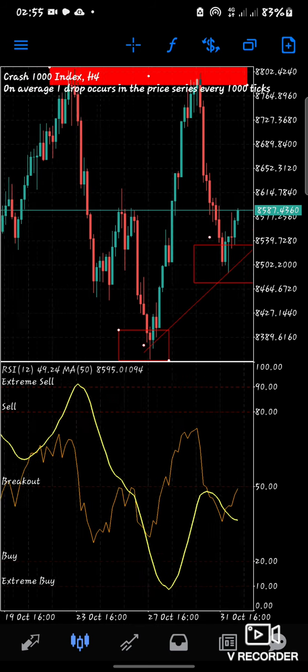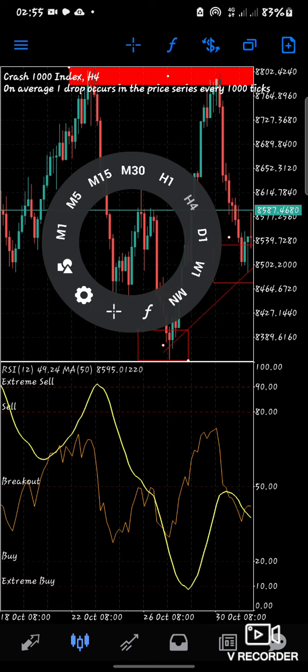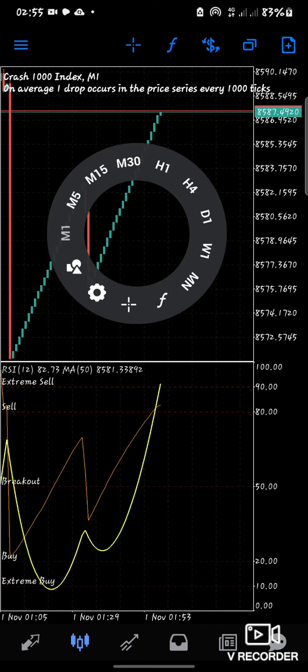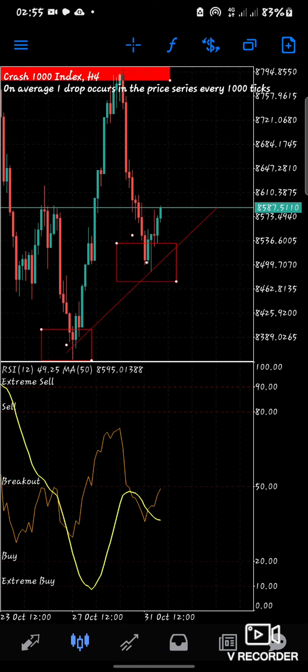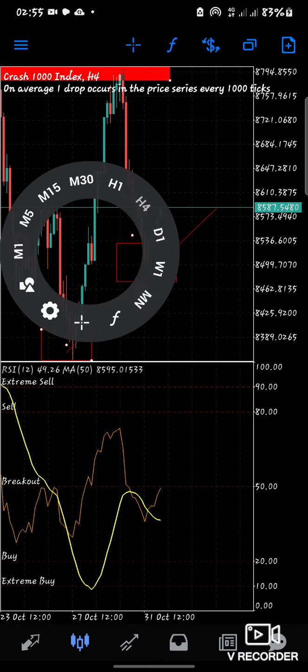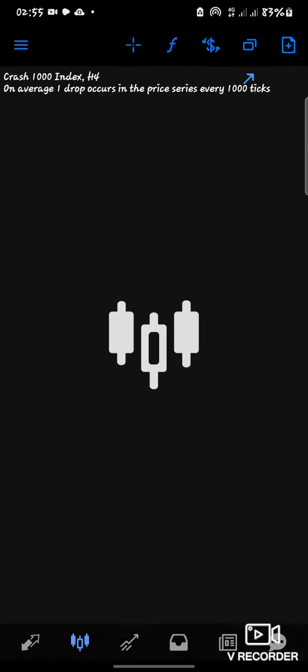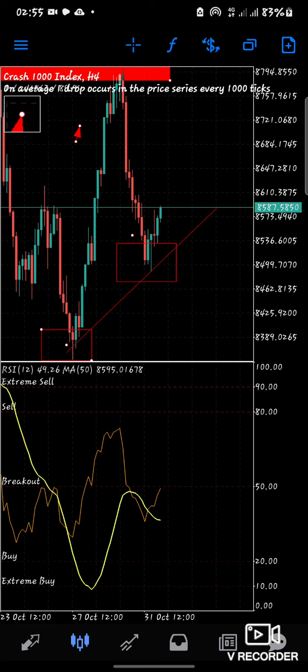So you guys can actually see, when the market came here, it changed direction. Can you guys see that? It started coming down. That means this is a resistance zone.